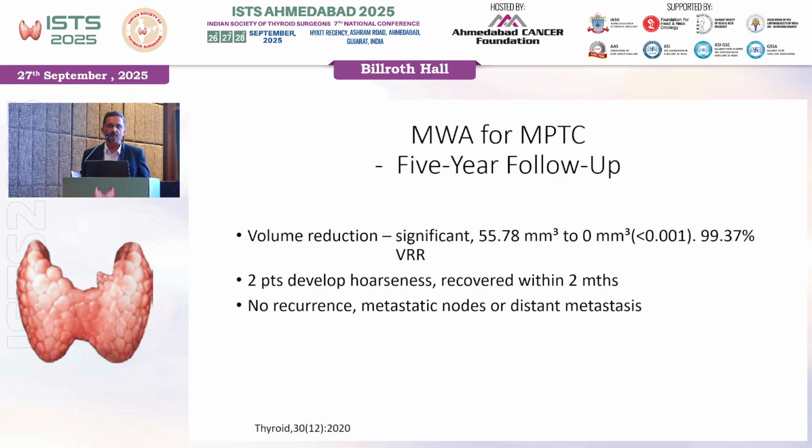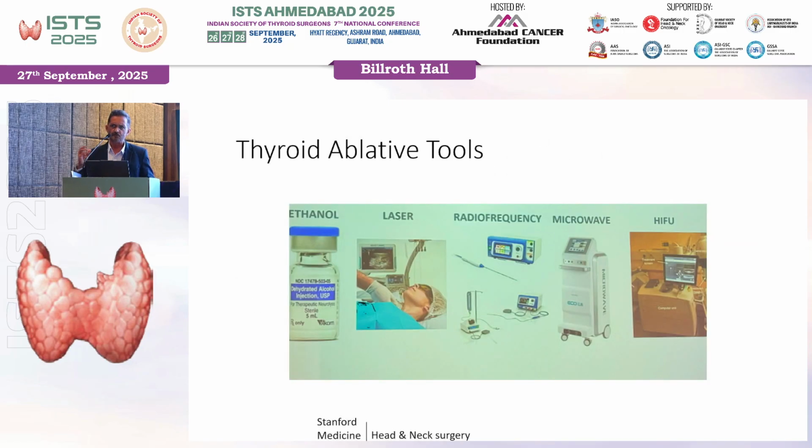Then microwave ablation: another two previous studies, one with a combination of RFA and microwave and one with pure microwave ablation for MPTC, again with 5 years of follow-up, showed the same promising results. Just to mention the thyroid ablative tools, as we all know, for cystic nodules, ethanol works better.